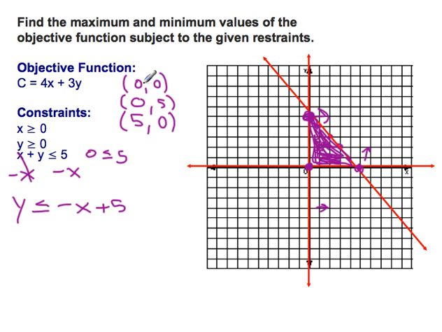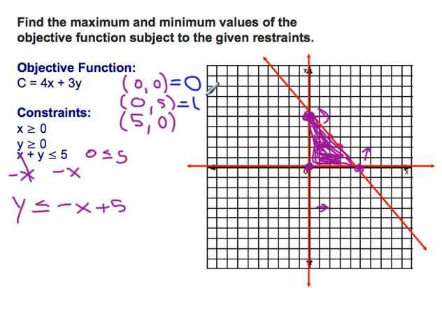So let's plug in 0, 0. If I do that, I'd have 4 times 0 is 0, plus 3 times 0 is 0. That would give me 0. So the point 0, 0 would equal 0 for the objective function. Let's plug in 0, 5. 4 times 0 is 0. 3 times 5 is 15. 0 plus 15 is 15.